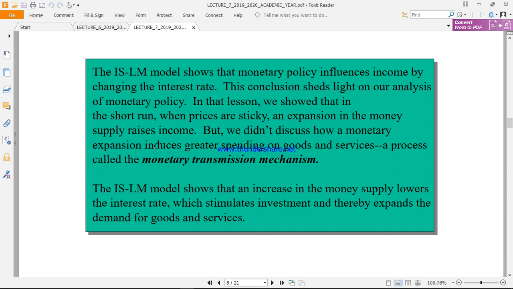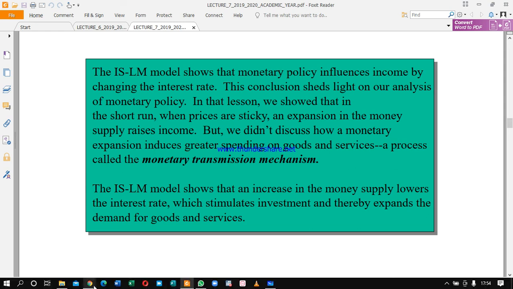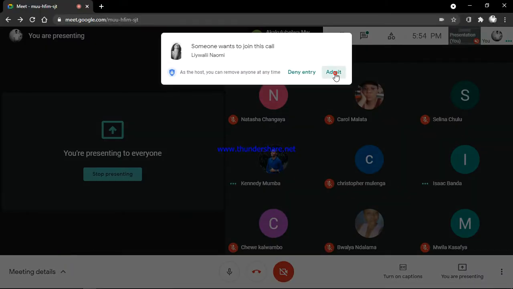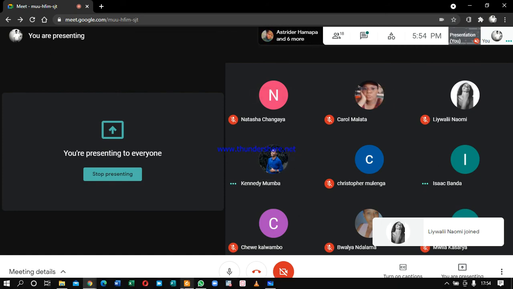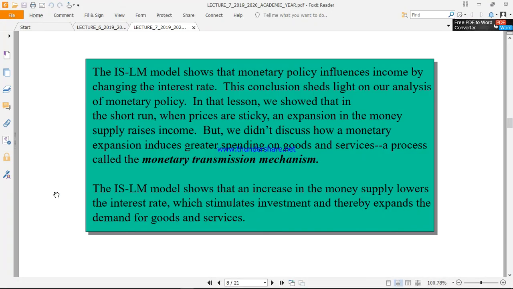The Bank of Zambia has maintained its monetary policy rate at 8.5% in the second quarter of 2021. So what did he mean by that? They maintained the monetary policy rate.